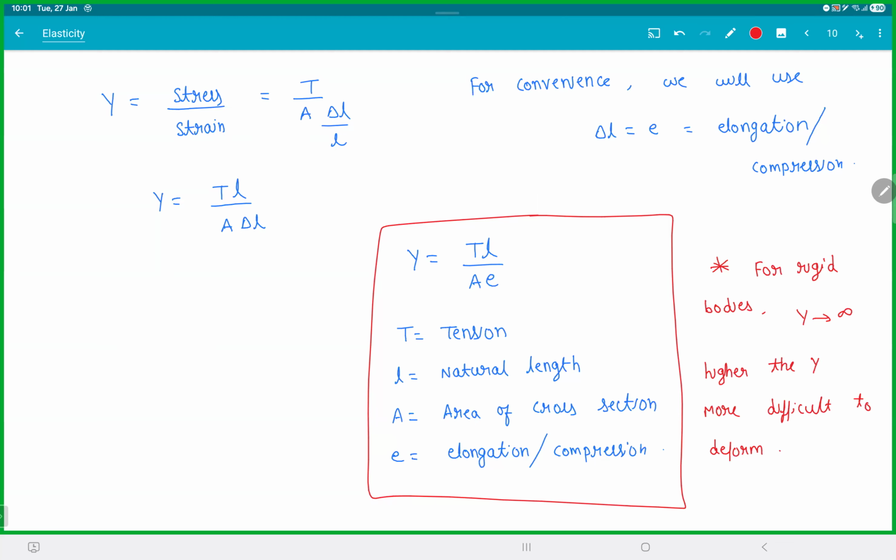And one more thing, be careful. This formula is valid only when tension is constant. If tension changes, we have to integrate. I'll show you that later on. Clear with this?